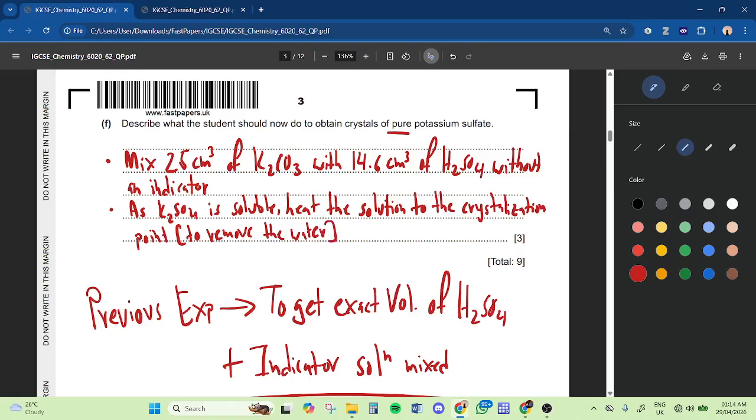So you need to get rid of the water to get to your actual crystals of potassium sulfate. Once you're done with that, you're going to cool the solution.